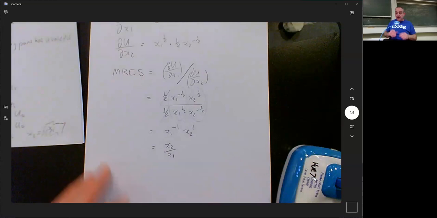And so here I am, that is the marginal rate of commodity substitution in terms of x1 and x2. So if I know exactly what x1 and x2 are at the moment, then I can figure out the marginal rate of commodity substitution.